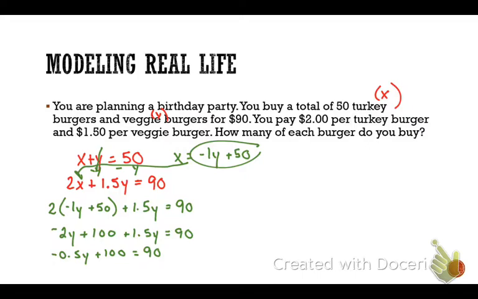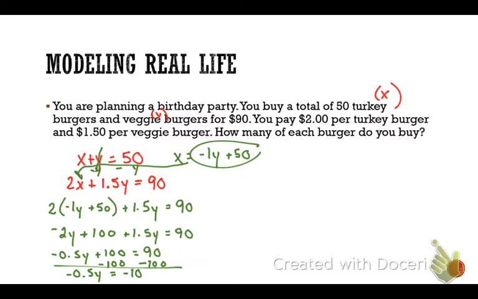What do I do next? Subtract 100. Yes, subtract 100. Just keep following the steps. That's why the steps are so important, because now that I'm looking at equations this difficult, I have a process I can follow. So negative 0.5Y equals negative 10.